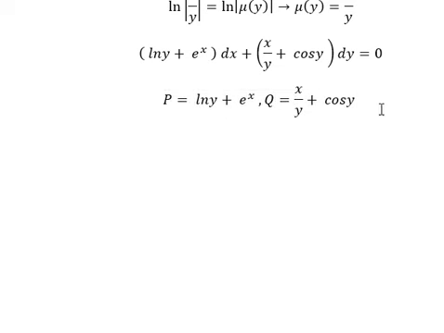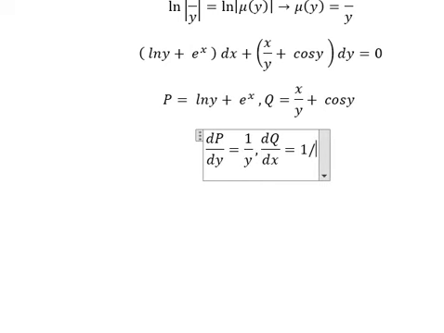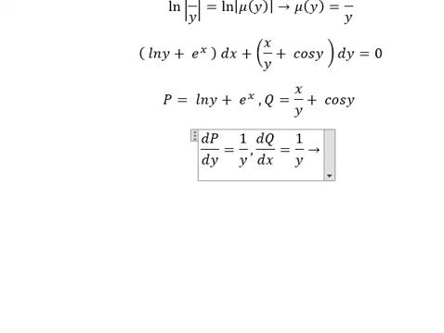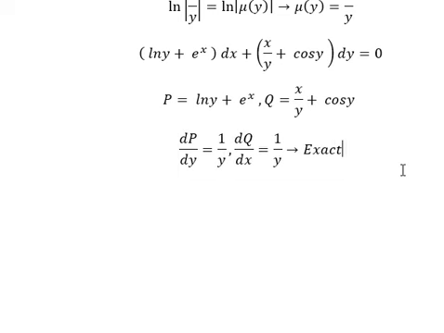Now, if we do first the derivative of b with respect to y, so we have 1 over y, and the second one, that is for x. And we can see that this one and this one, they are the same, so that is exact.